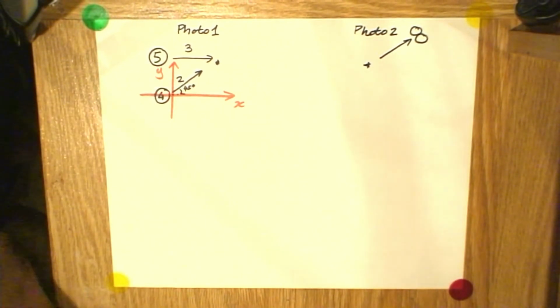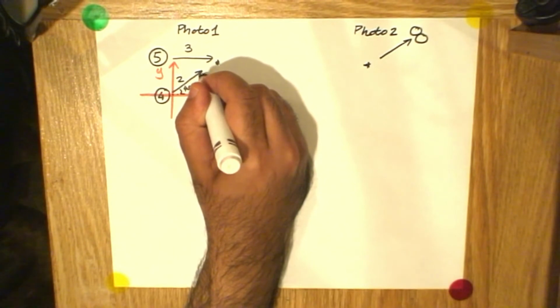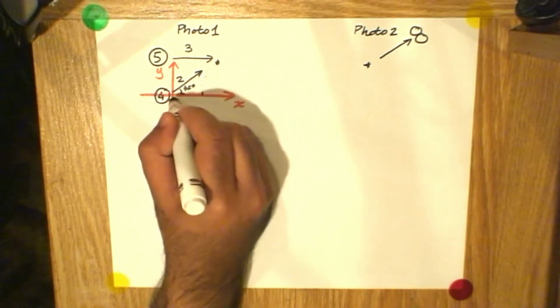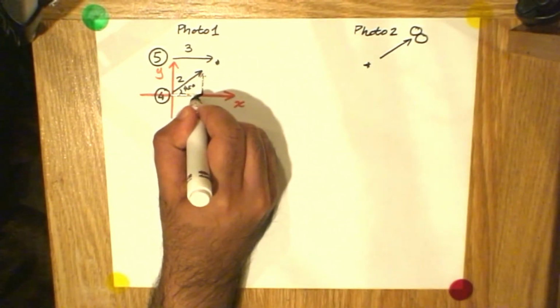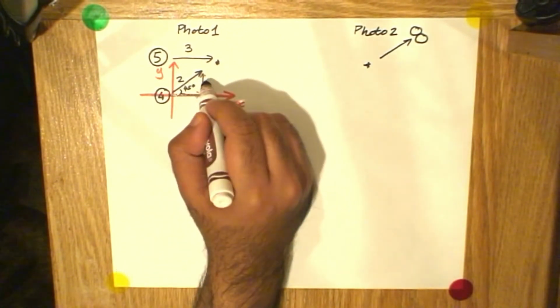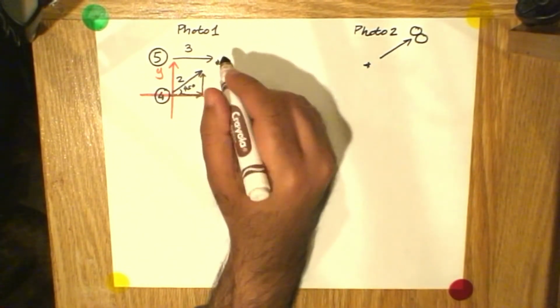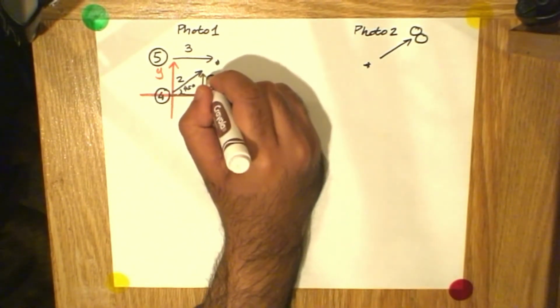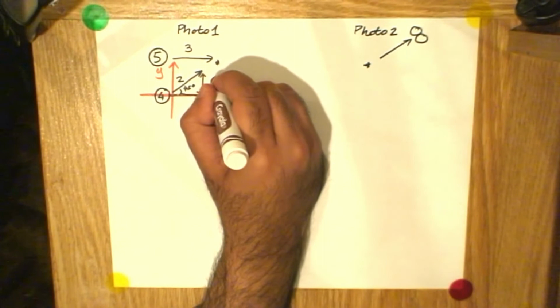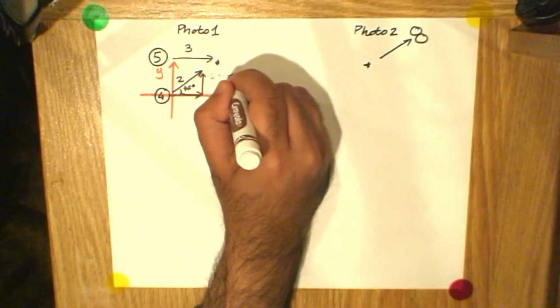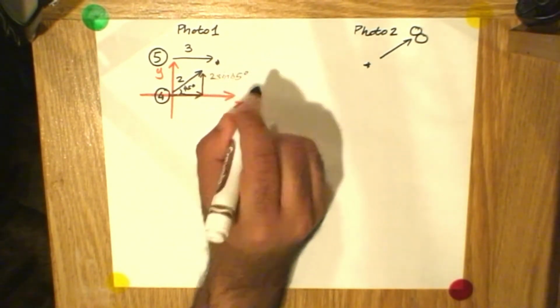So let's go ahead and break this into its components. This over here is the opposite side. The y component is the opposite side of this right triangle. So this is going to become 2 times the sine of 45 degrees.